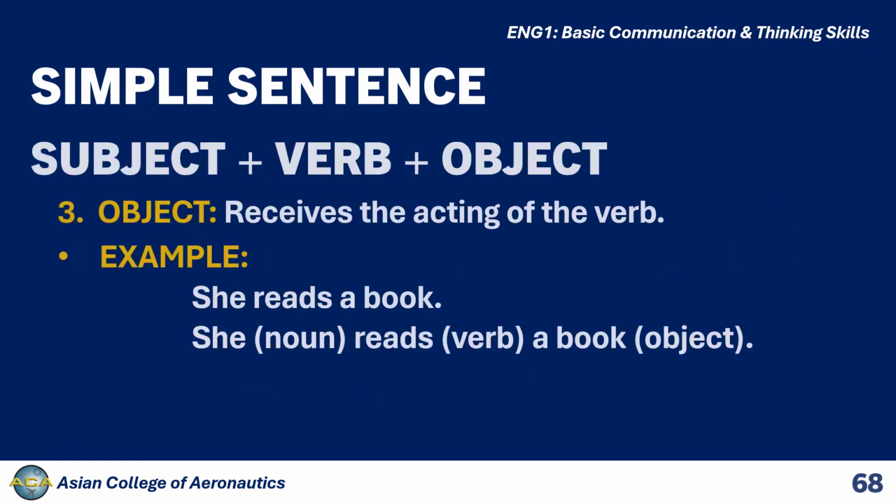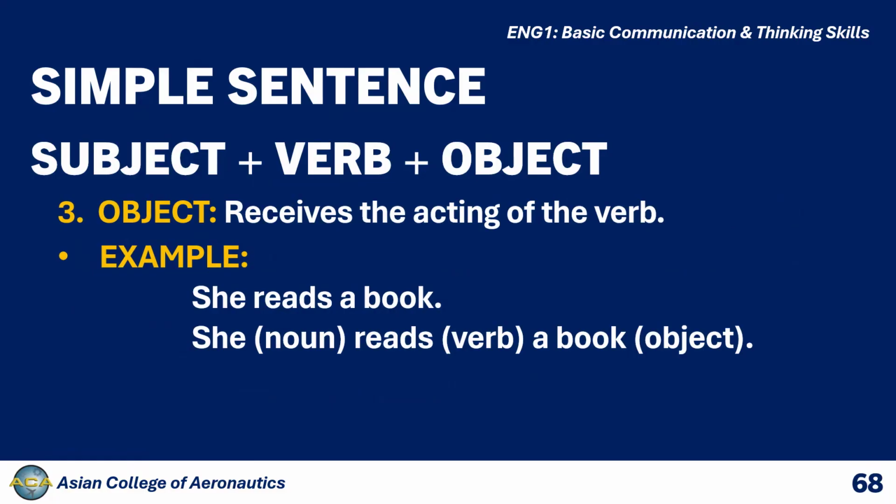Another formula is S plus V plus O, or subject plus verb plus object. A while back, we had our subject and the verb. Subject is the noun, the topic. Verb is an action word. Now, the third one is the object.